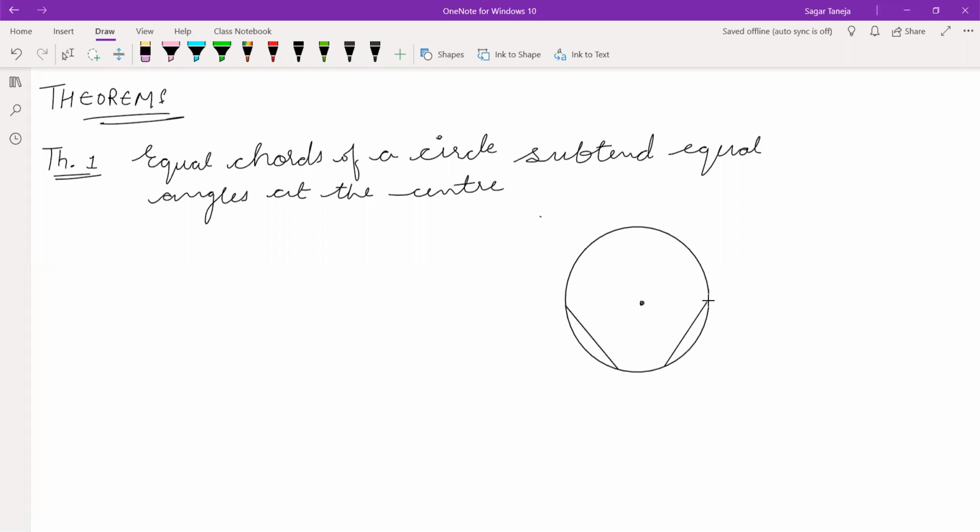Let these two chords be equal to each other. So AB and CD, I have drawn two chords. You also have to draw this, and after that, join with the center. I am making this figure as per the theorem. I'll explain that to you.